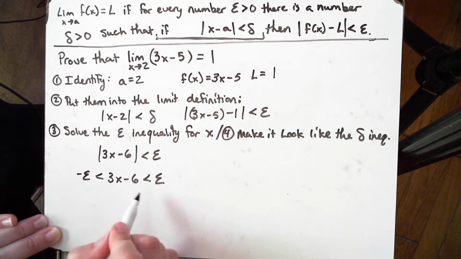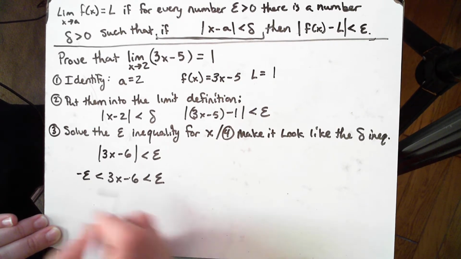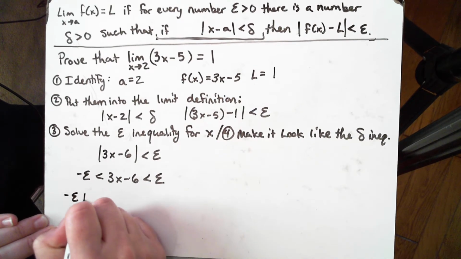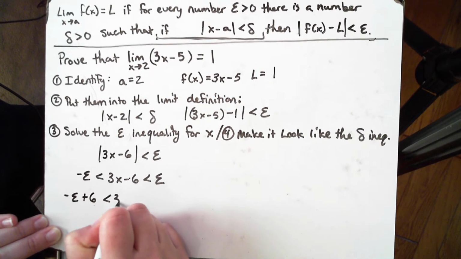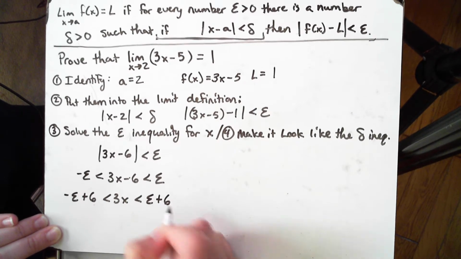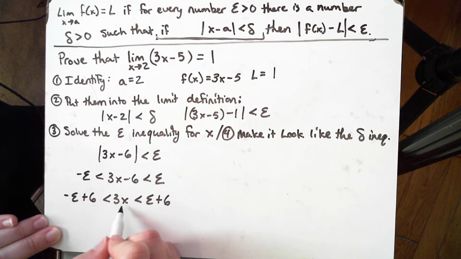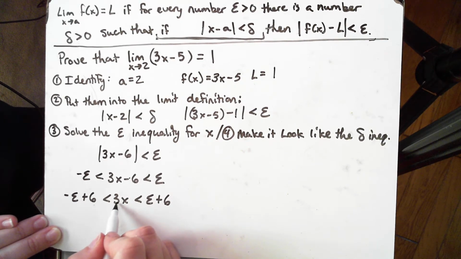Now I'm going to continue solving for x by adding 6 on all of these spots. So I have negative epsilon plus 6 is less than 3x, which is less than epsilon plus 6. I just added the 6 to get it away from the x. Now finally, I'm going to divide everything by 3.